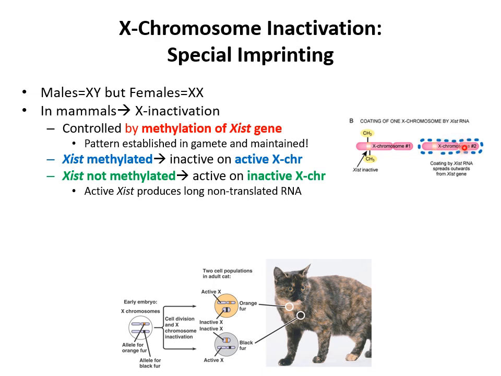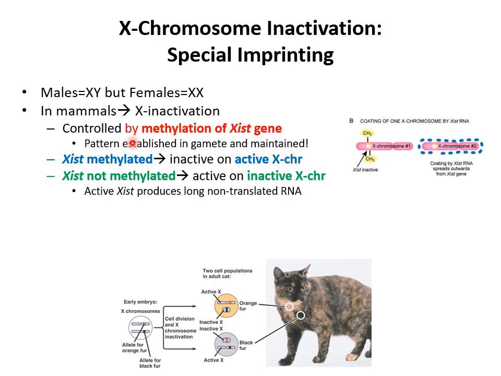So this X that has been coated by Xist is now inactivated, whereas the one that has not been coated by Xist, because Xist is inactive, is active. So Xist and the chromosome, you can look at them as kind of being opposite.